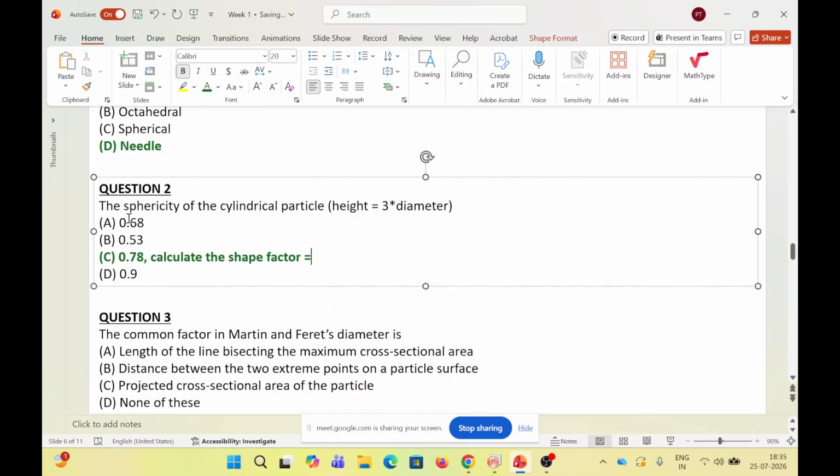Shape factor is nothing but 1 by sphericity. So that is 1 by 0.78. You can calculate that value.